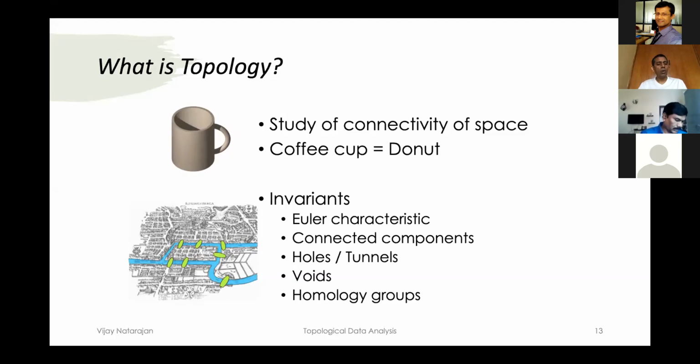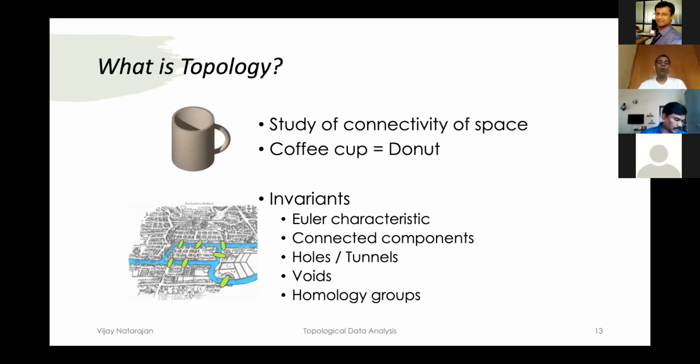I won't talk about the Königsberg bridge problem, but suffice to say that this bridge problem was essentially solved by abstracting away the geometry of the bridges and representing them just as a graph, which stores how the different bridges are connected. Similarly in topology, we don't care about what is the size of a sphere, a disk, or a ball. We care about how it is connected.